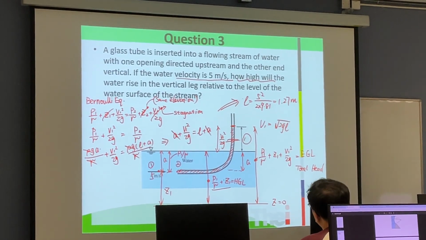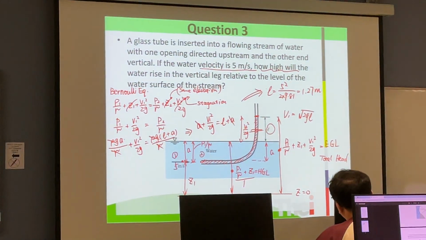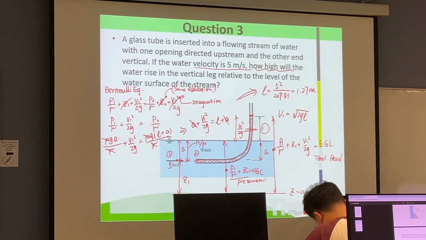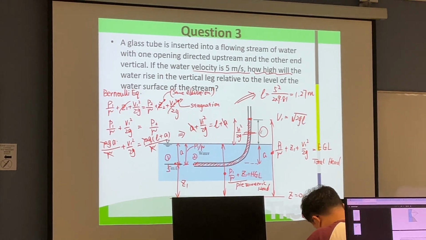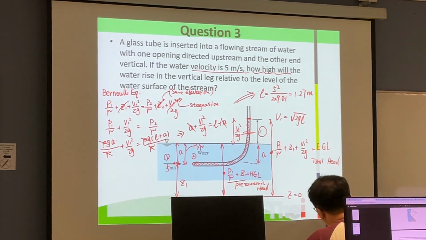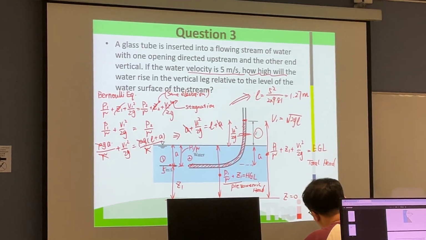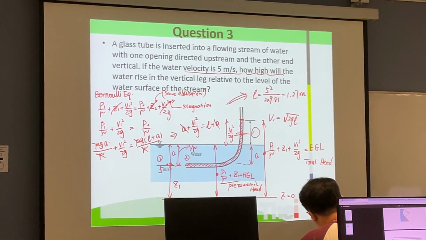And this HGL represents the piezometric head. Or we can say this piezometric head represents the potential energy.